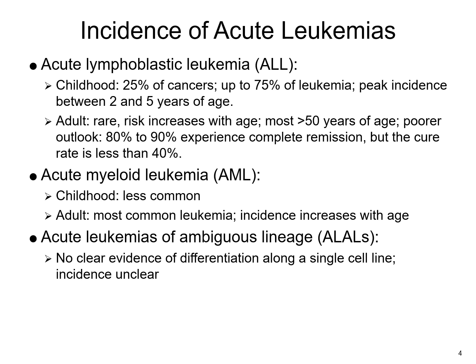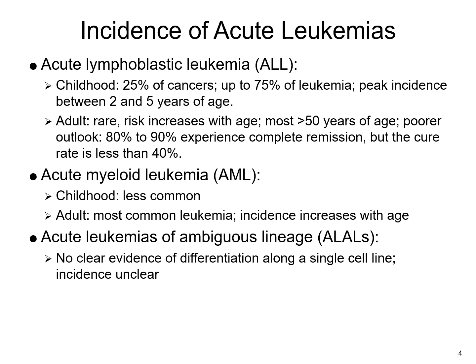Now I'd like to briefly discuss the incidences of acute leukemia. So with acute lymphoblastic leukemia, otherwise known as ALL, this is typically going to be a childhood cancer, and it makes up about 25% of the childhood cancers, with up to 75% of those actually being a leukemia.